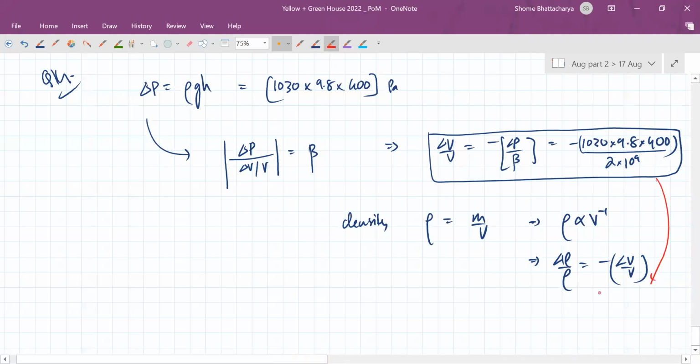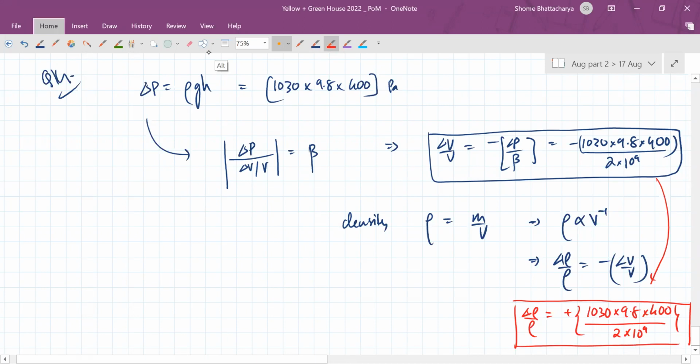Just need to substitute this here. Okay. So because the volume is decreasing, the density will increase. So our delta rho by rho is coming out as a positive quantity, and this is what we needed to calculate.